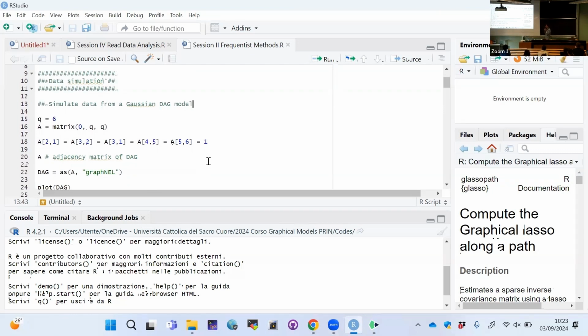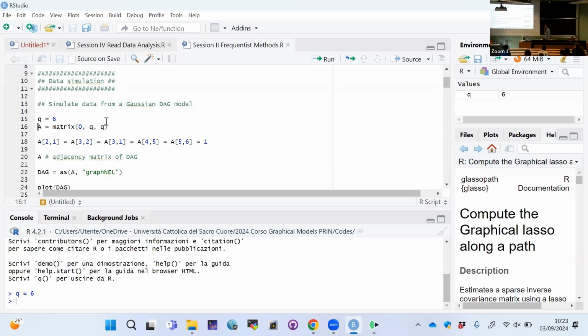In practice, you have data, so you don't need to simulate data, but just as an exercise, I think this can be useful, even if you want to check if the method that you implement works and can identify the true DAG. If you know the truth because you have simulated the data, then you can use it as a benchmark to evaluate the accuracy of your model. So I will fix the number of variables, the number of nodes, as 6. So Q is equal to 6.